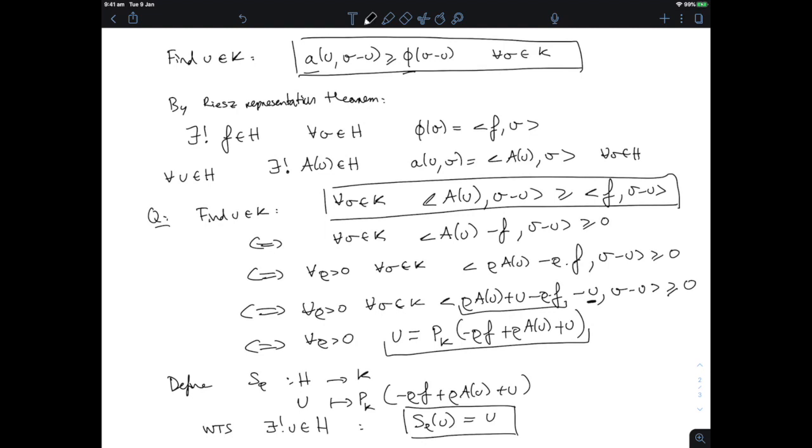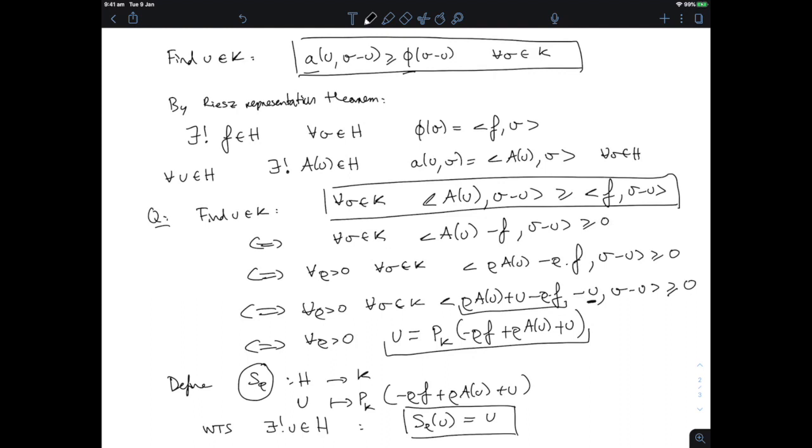So we've translated this question about finding an element u that solves a set of inequalities to a question about finding an element u that is a fixed point of the map S rho. And what's great about it is that we have this parameter rho that we can choose. And you know from the Banach fixed point theorem, we're going to try to show that S rho is a strict contraction.